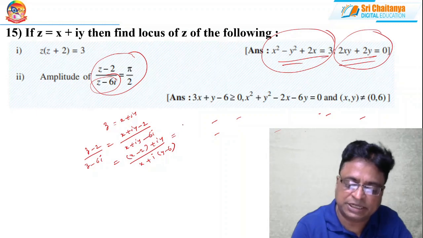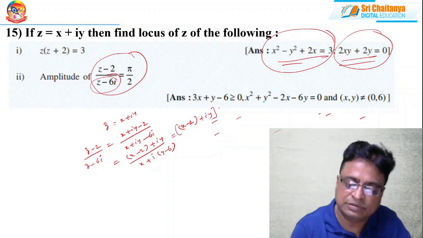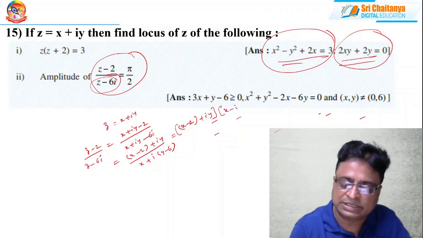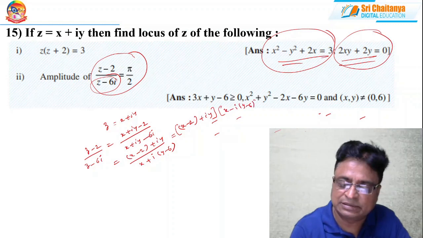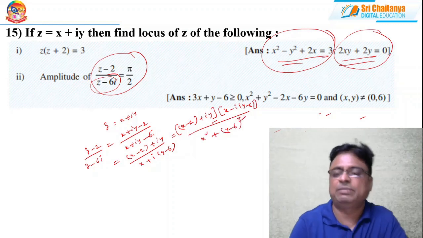After rationalization, this is x minus 2 plus iy into x minus i into y minus 6, by the denominator x square plus y minus 6 whole square.